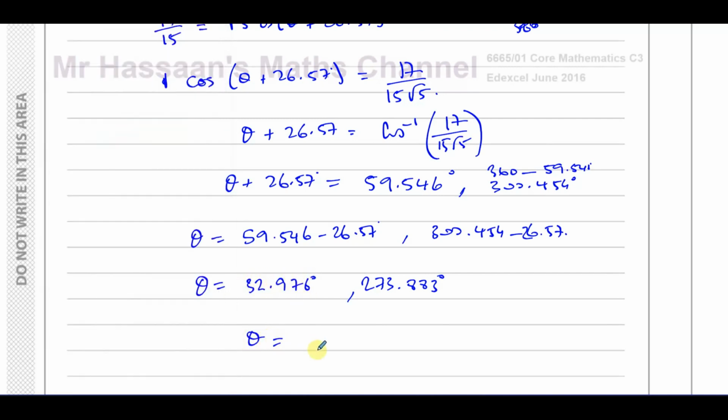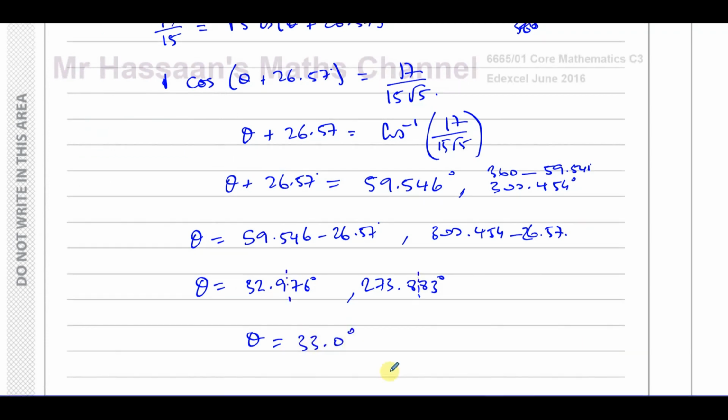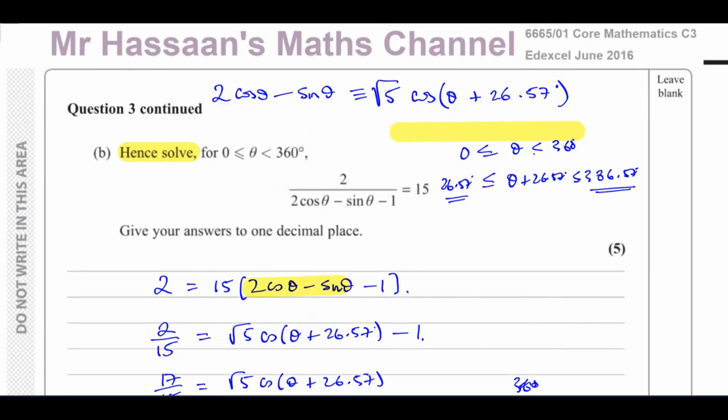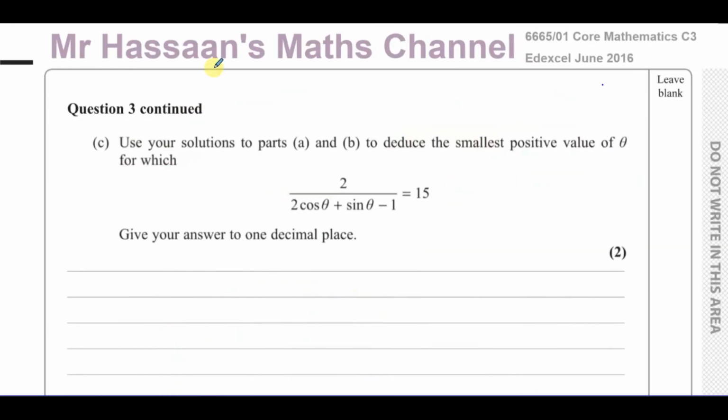So the final answer to one decimal place will be 33.0 degrees, and 273.9 degrees. So there we have our answers for part B of this question, and now we're going to go on to part C.